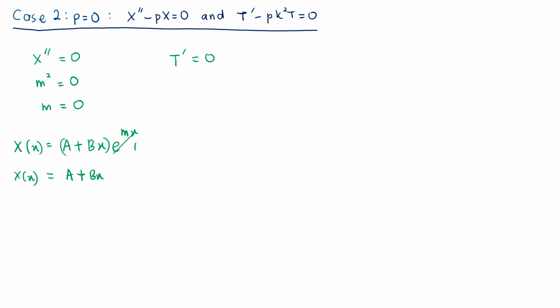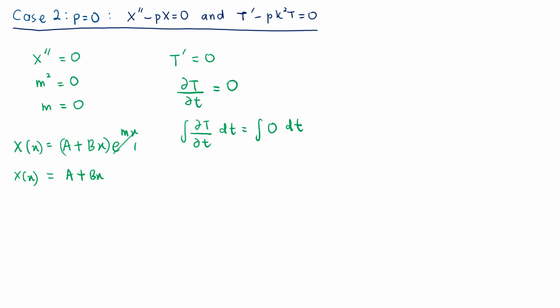Okay, for t prime, we know that t prime is equal to dt over dt equals 0. So to find the antiderivative of this, the antiderivative of dt with respect to t is equal to 0 dt.